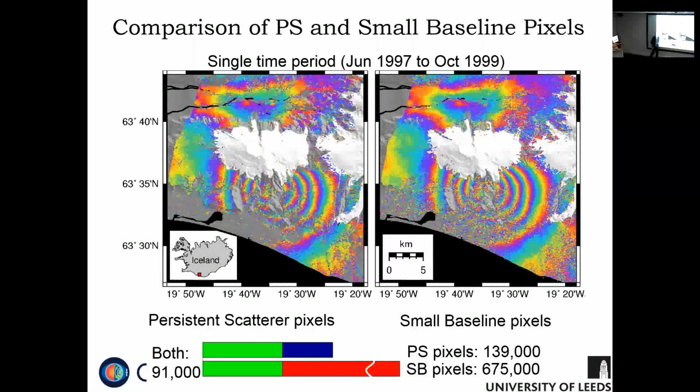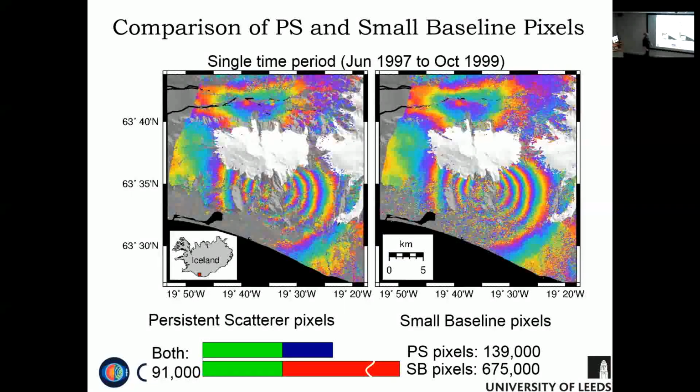There are many more points that behave well as small baseline, which is what you'd expect. You'd expect most pixels in these kinds of broad environments to be distributed scatterers, so you expect to pick up more with small baseline.